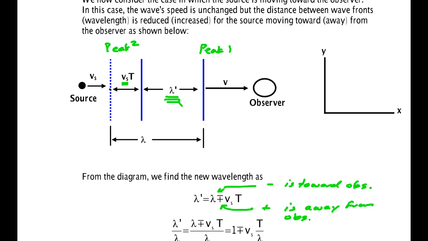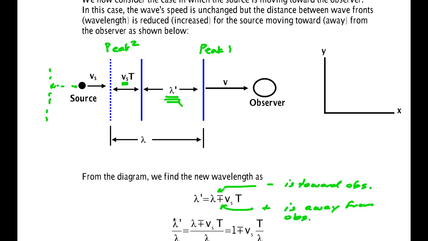If it was going the other way, then when it emits its peak, there's now a greater distance, the distance that it added because it moved away. So the wavelength would get longer, and so you'd have the plus sign.